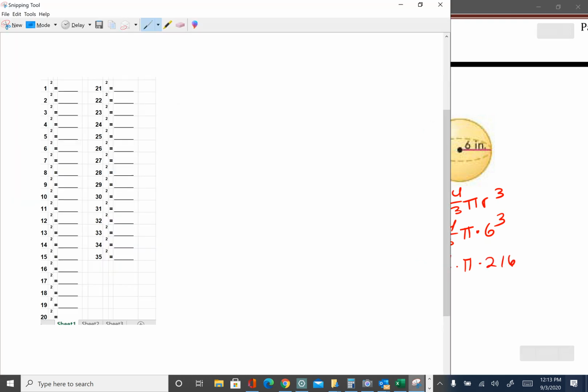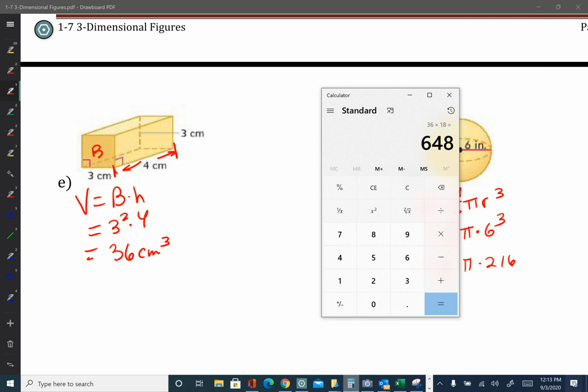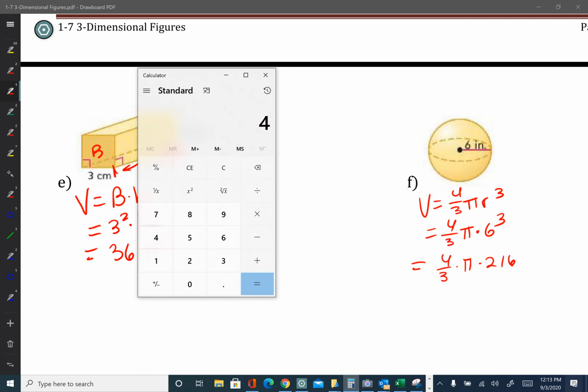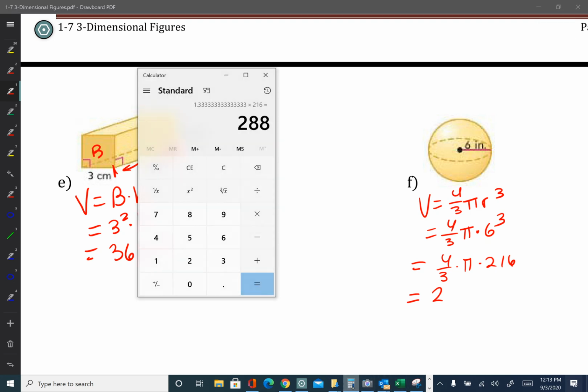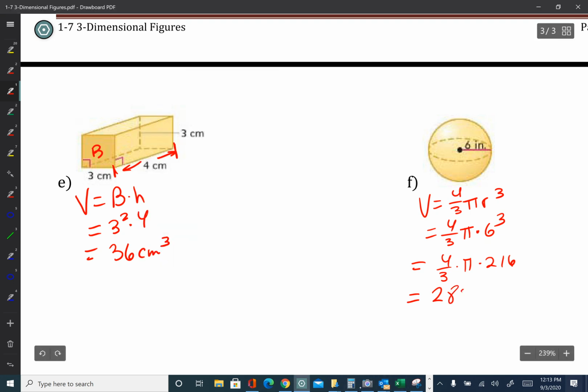And then just do the math for that. 4 divided by 3 times 216 is 288 pi. And it would be inches cubed, right? So volumes of spheres are easy. It's just that formula, okay? All right, next one.